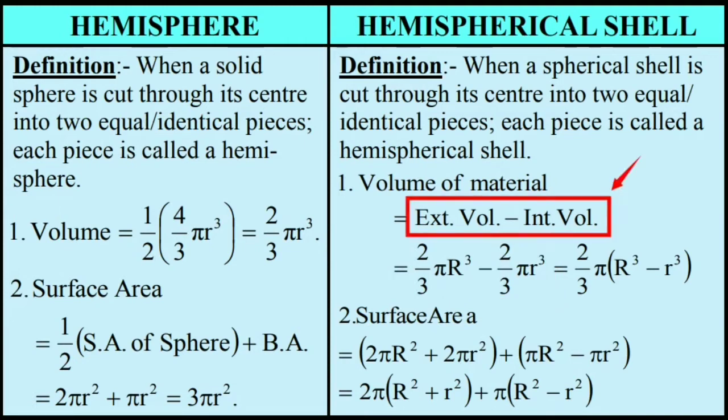Hence, volume of the material used in hemispherical shell is external volume minus internal volume.